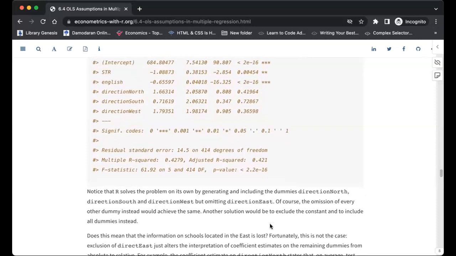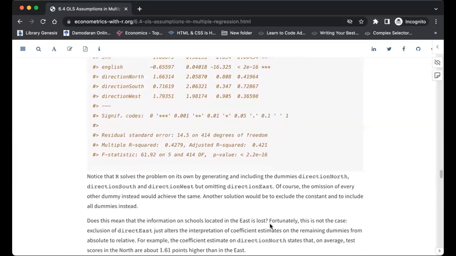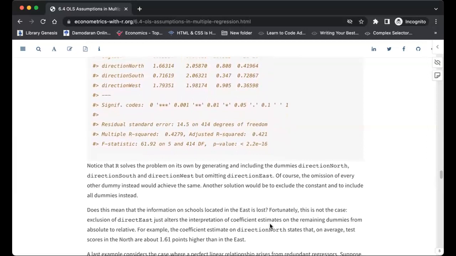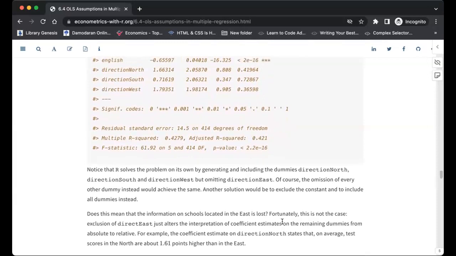This gives us a way to explain the outputs. For example, the coefficient estimate for direction north states that on average, test scores in the north are about 1.61 higher than those in the east, and the same explanation goes for the south and also the west.